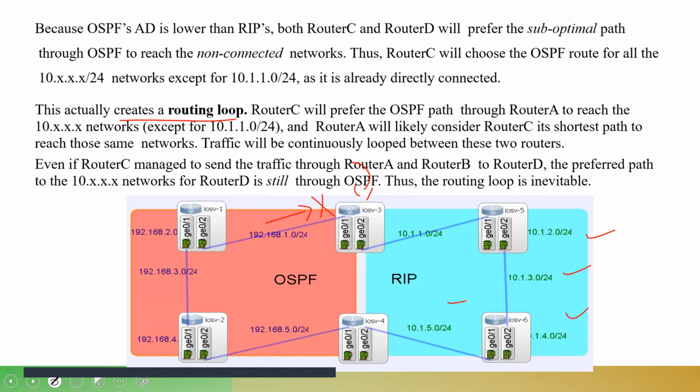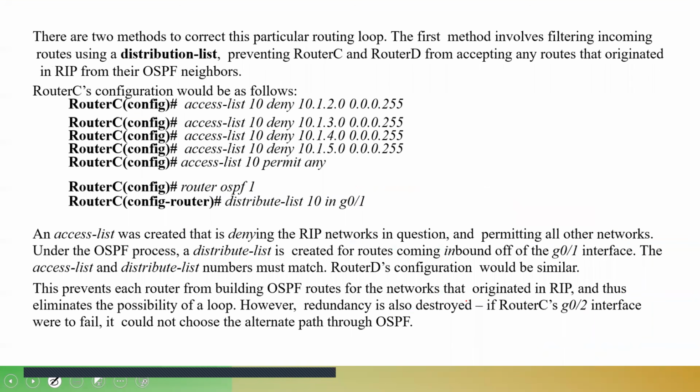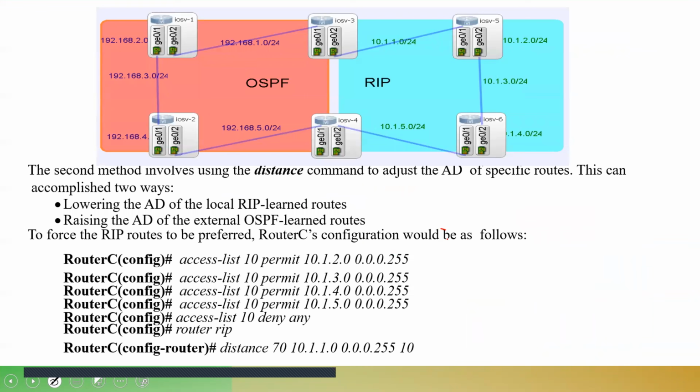That is one way. The second way that we can improve this is to lower the RIP AD. Lowering the RIP AD means we make the RIP administrative distance less than OSPF, say 70 or 50 or 40, etc. So when this router has to learn the network, it will see OSPF coming with 110 and the RIP route coming with maybe AD 50.